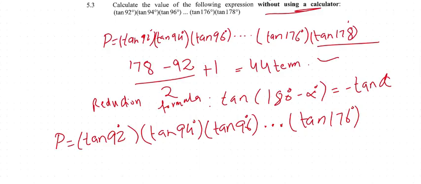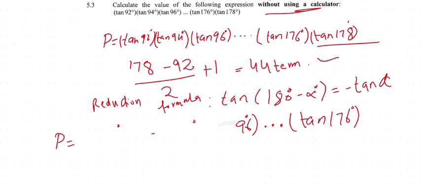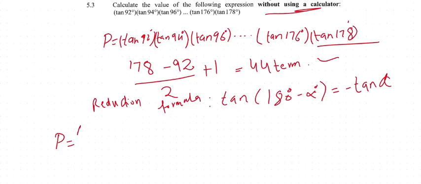Sorry, I made a mistake over here. We have another, easier method, so let me write it like this: tan(180 minus 88) degree. So this is our alpha.